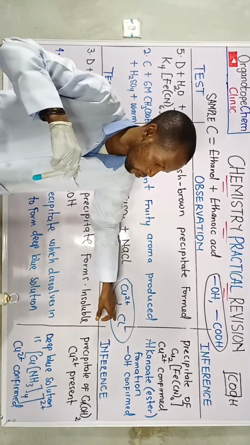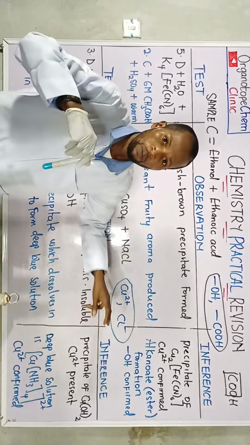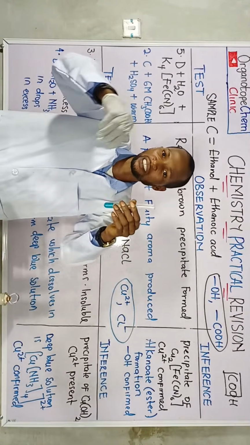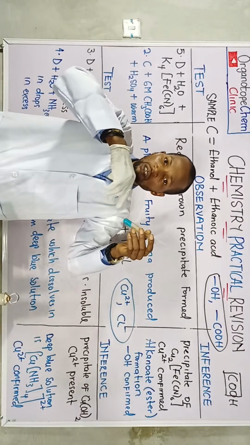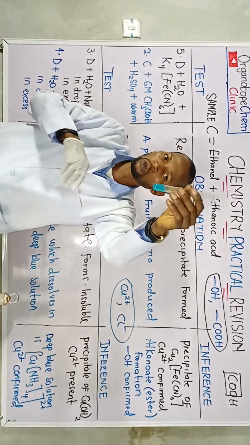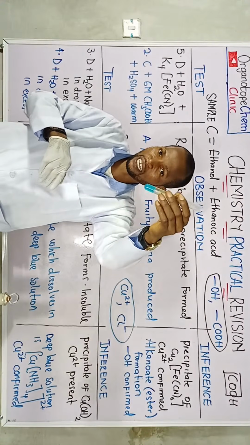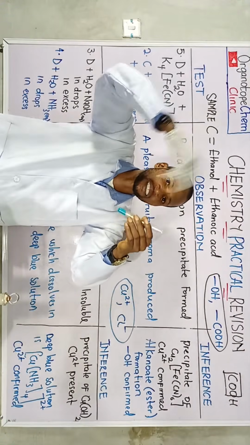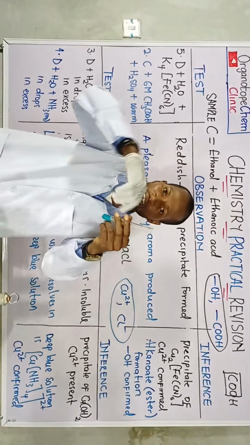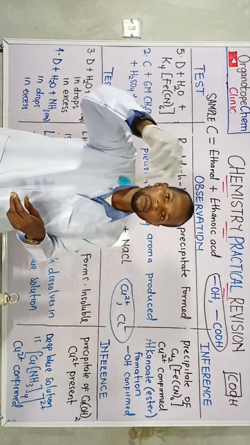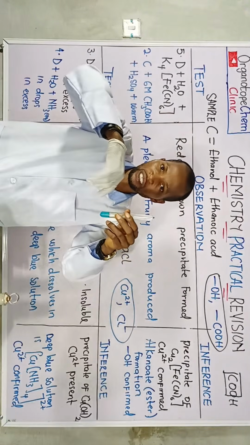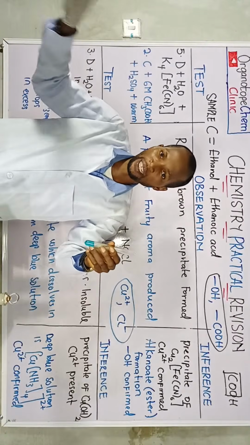We want to test for the chloride ion, but the standard test is that you are expected to add HNO3, that's nitric acid, to the fresh portion right here before you acidify the solution. You acidify by adding nitric acid to this. Then you now add the silver nitrate. Then you observe a white precipitate.